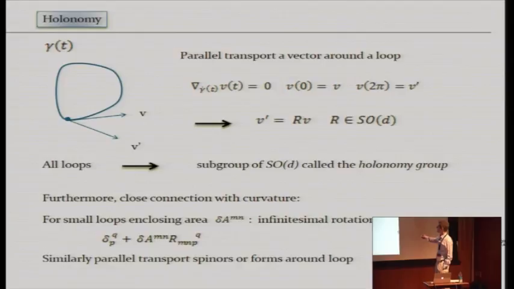Furthermore, there's a very close connection with the curvature. So if I take a very, very small loop, an infinitesimal loop with an infinitesimal area element delta A^{mn}, you can do a local calculation of this holonomy around that infinitesimal loop, and it's basically delta^p_q plus this contraction of the area element with the curvature. So this is an SO(d) matrix. So this is an antisymmetric matrix, and delta plus that is to first order an orthogonal matrix.